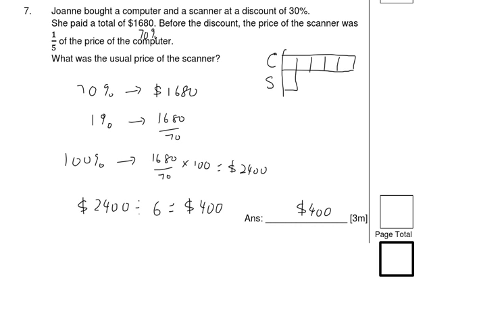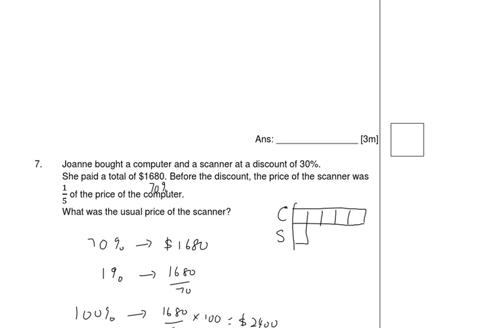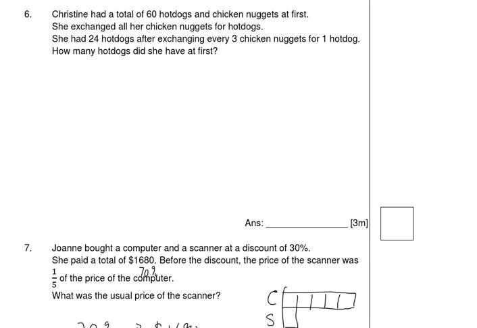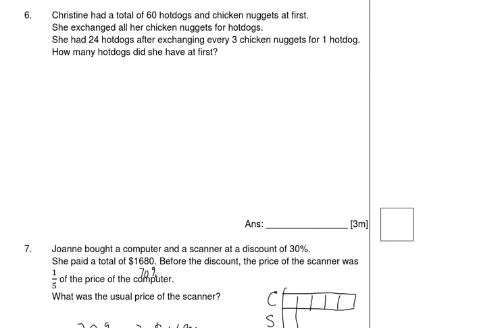Of course you'll be slightly different. Okay, let's look at this. Now, we know that she had a total of 60 hot dogs and chicken nuggets at first.